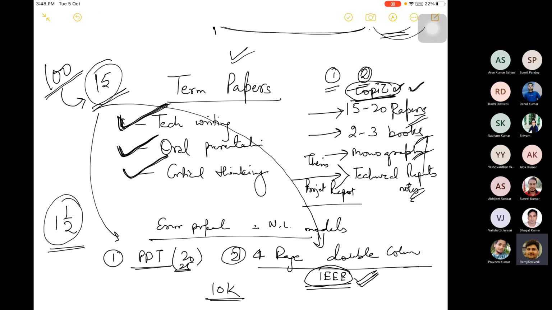Your analytical thinking would be evaluated based on how well you have observed the methodology, how well you have judged whether the results in the paper are sufficient to be presented, as well as what the critical points are which are missed in that paper. That's how you will evolve yourself.